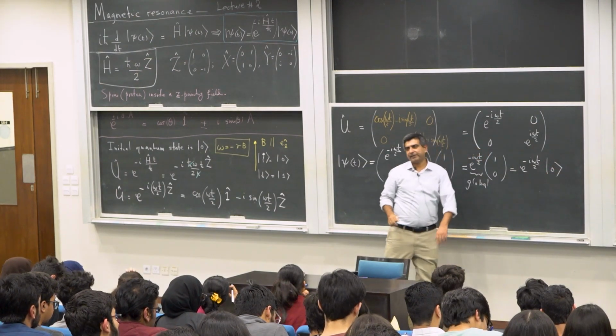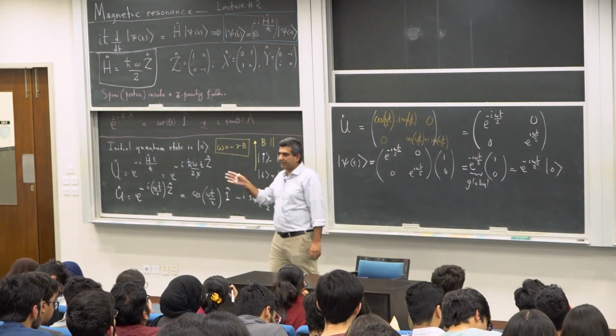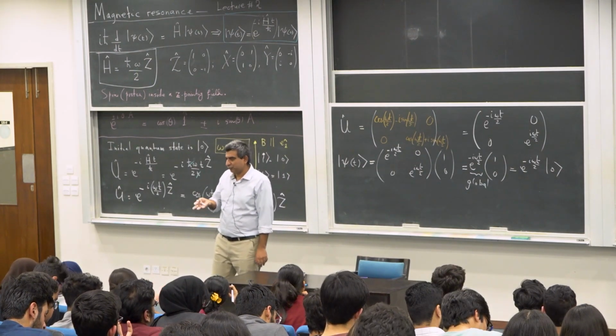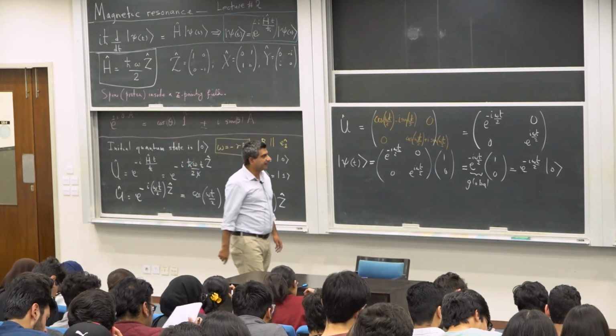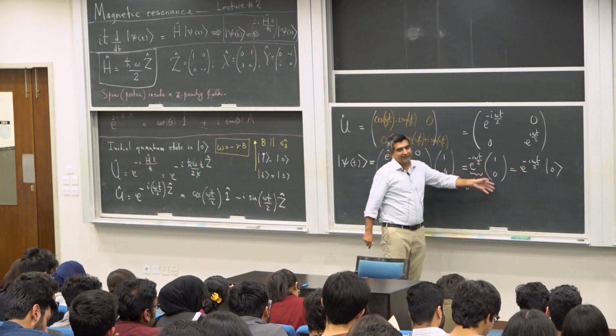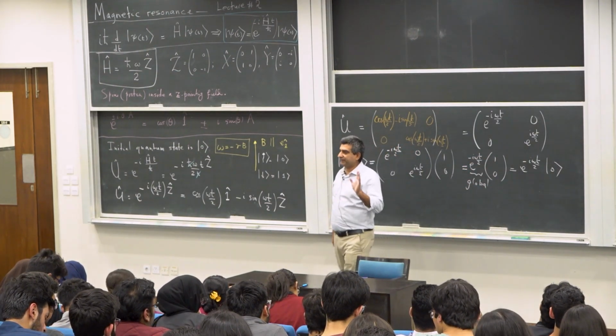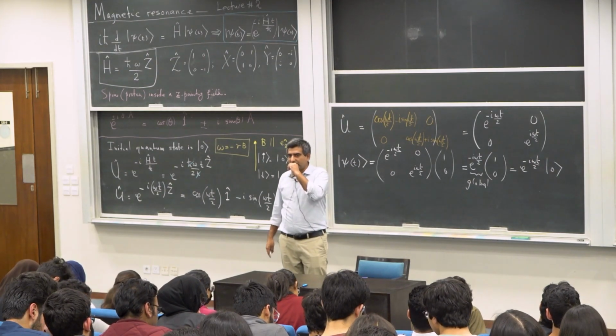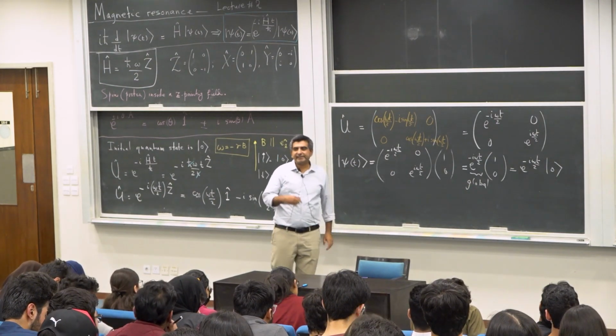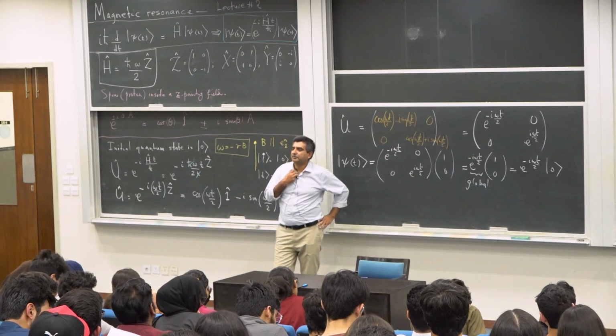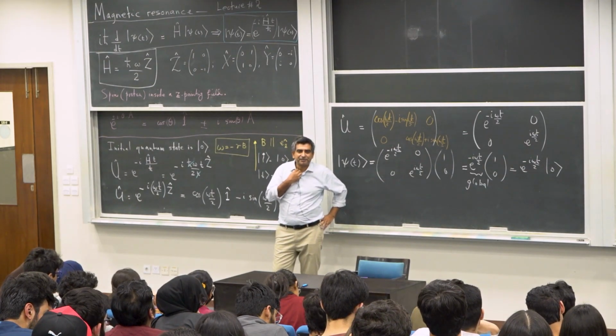This is a global phase, it's immaterial, it doesn't play any role in the physics in most cases. Any phase factor that is inside here will play an important role, but this doesn't. So is the state changing with time? What is the change?